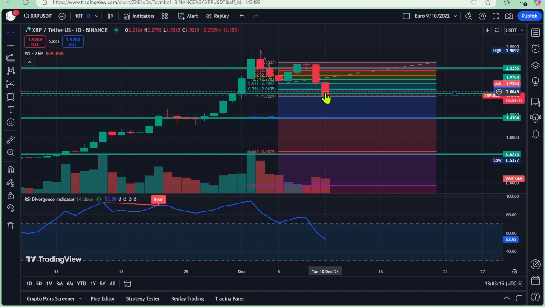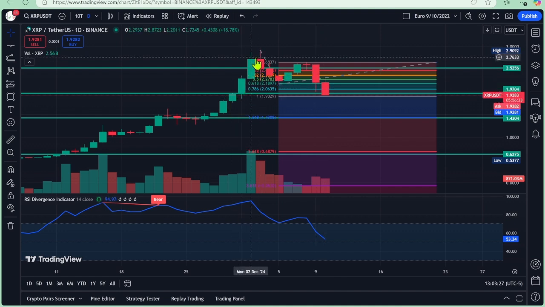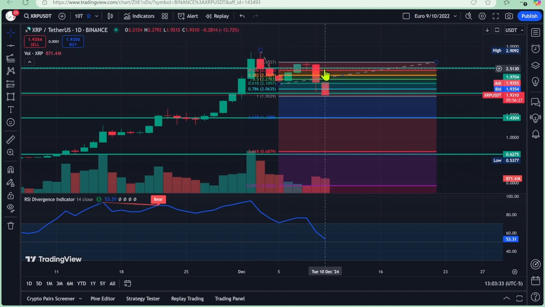So if you look at that, we are currently at a price of $1.9276 on XRP. Woe to those who bought at the top of this move. Now they are sitting at a train that has left the station, moving away from them, and they're looking at holding a loss right now.